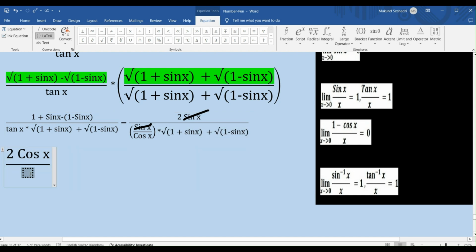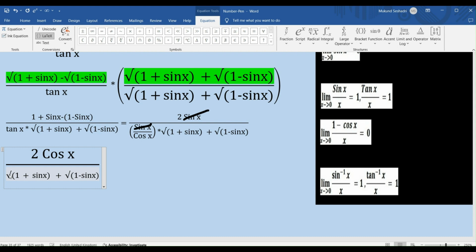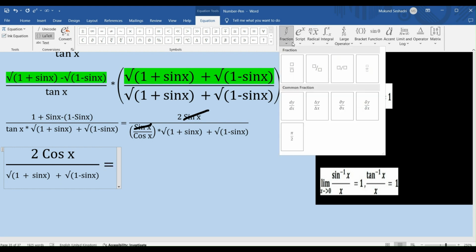And looks like we don't have to further simplify this because we know that the numerator tends to a finite number, and what happens to the denominator? My sine of 0 as x tends to 0 also is 0, right? Because my sine x is 0. So I get root 1 plus root 1 in the denominator, which is nothing but 2 in the denominator. And I've got 2 cos x, which is nothing but 2 into 1 because my cos of 0 is 1, right?